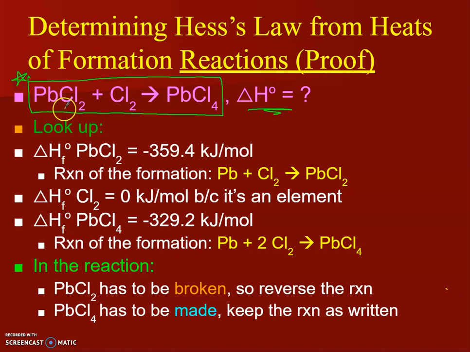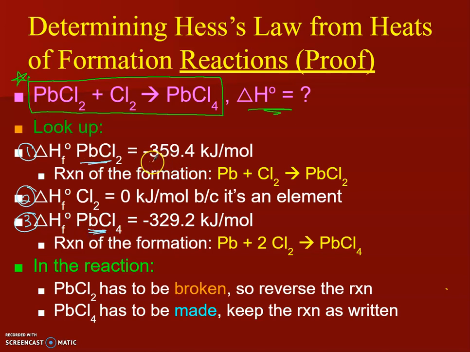PbCl2 and Cl2 are going to combine to make PbCl4. So we need to do a couple of things. Number one, we need to figure out how much energy it takes to make PbCl2. Number two, how much energy it takes to make Cl2. And number three, how much energy it takes to make PbCl4.